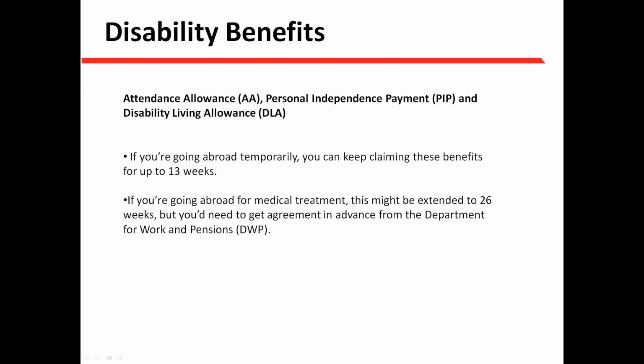If you don't take your carer with you, then your carer will either need to take a caring break, so that's the 22 of the previous 26 weeks they must have been claiming Carer's Allowance for, or their Carer's Allowance will stop.